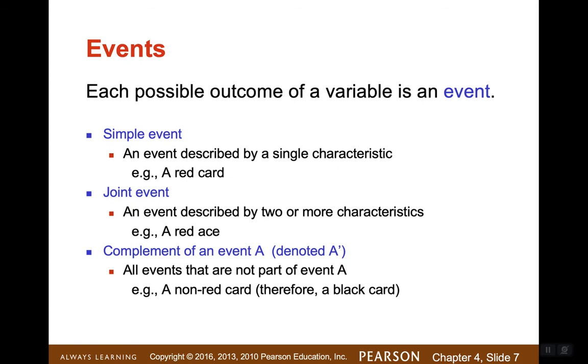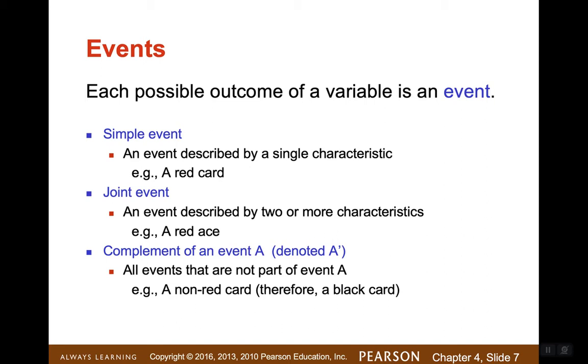A little bit more terminology. Each possible outcome of a variable is called an event. We can look at events in a couple of different ways. An event described by a single characteristic, such as a red card, we would call a simple event.